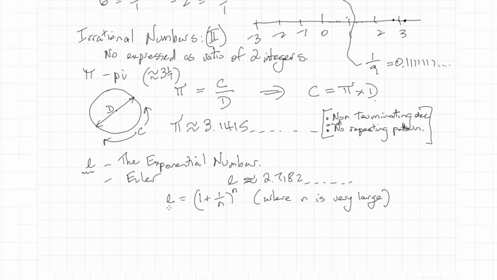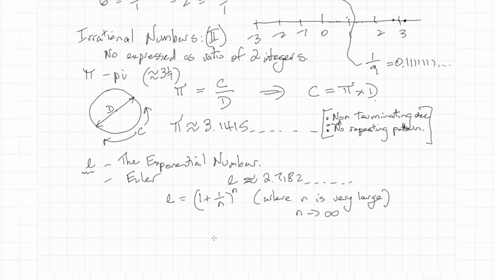The larger you make n, the closer the approximation to e is. So on your calculator you could put 1 plus 1 over a million, all raised to the power of a million. That will be a good approximation. If you made it 10 million, it'd even be closer, and so on. We say n approaches infinity. So as n gets larger, this gets closer to the value of e.